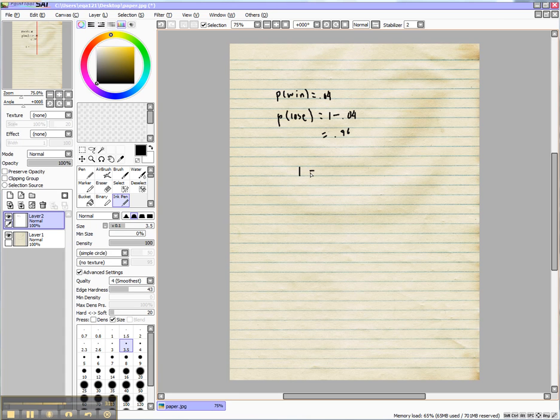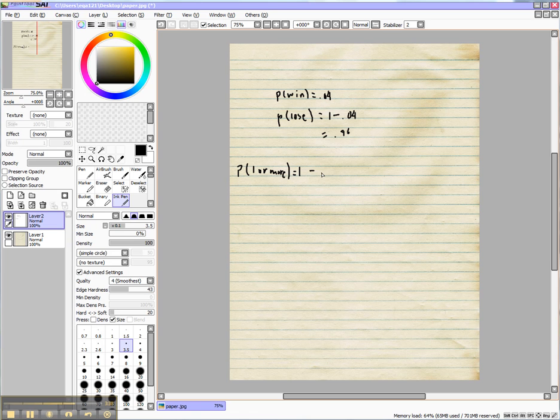To solve for the probability of winning 1 or more, all we need to do is subtract the probability of losing 3 times. In the entire sample space of playing 3 games, there's only 1 way that you don't win 1 or more, and that's losing all 3 times.